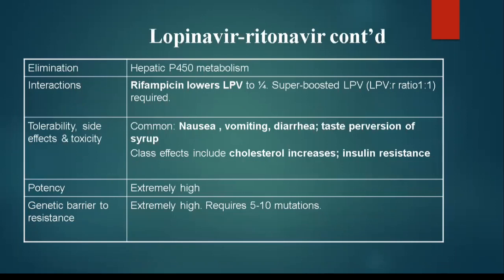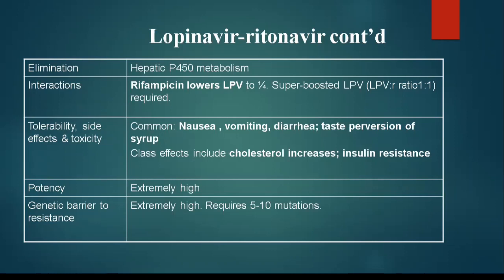Before we look at the side effects, under the elimination, it has a long half-life, meaning it can take some time to be eliminated from the body. Then we look at the interaction: it interacts with rifampicin, which lowers its level to a quarter.